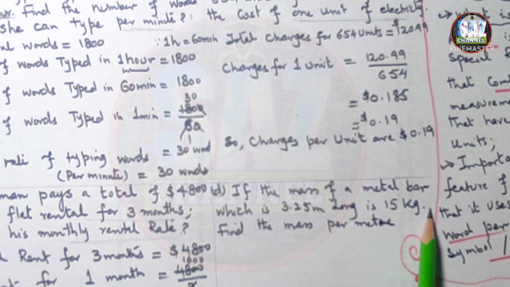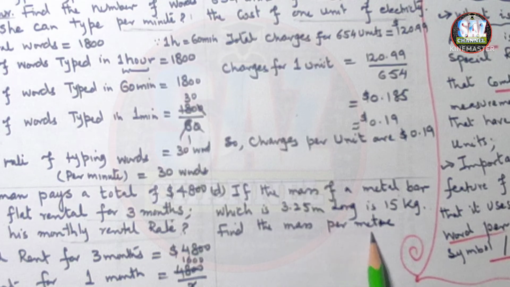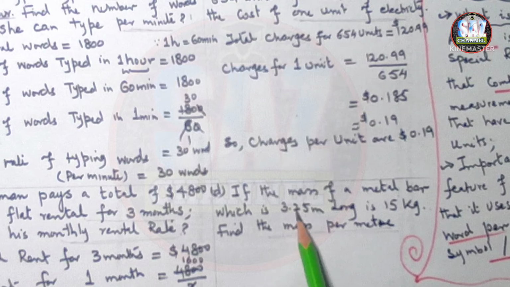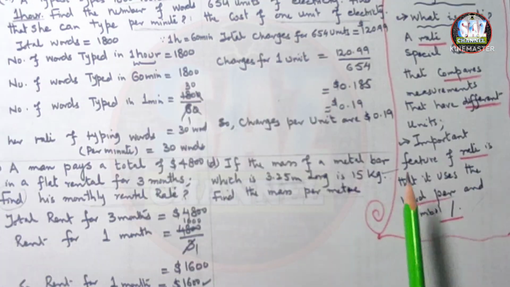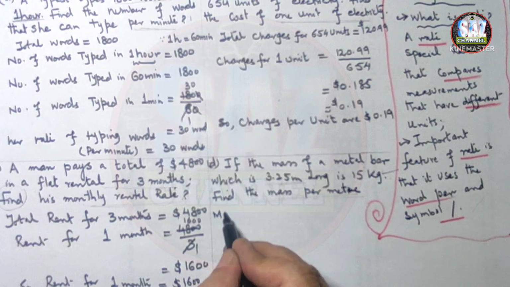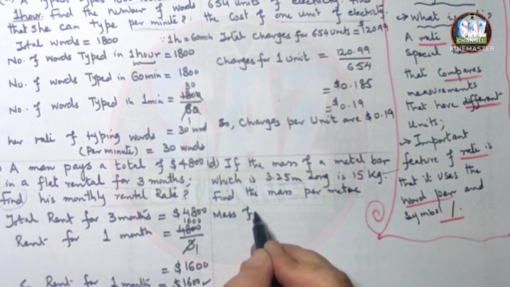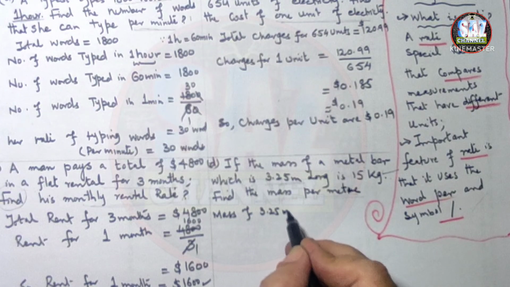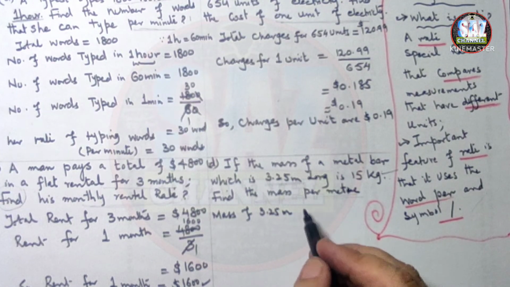The given information is that the mass of the metal bar, which is 3.25 meter long, is 15 kg. Mass of 3.25 meter long bar equals 15 kg.